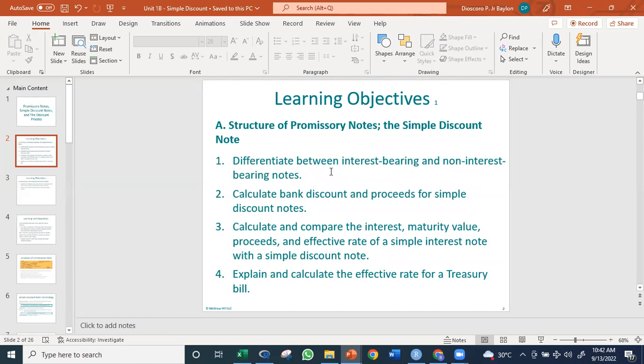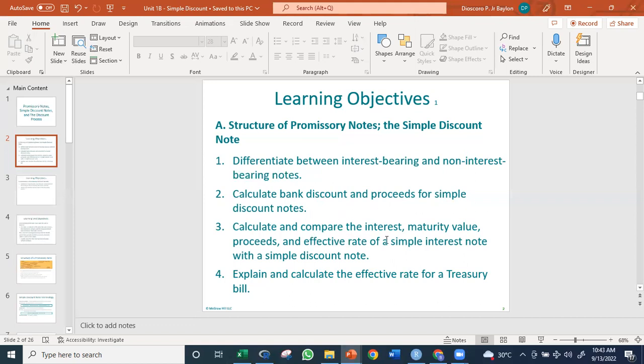So we're going to learn how to differentiate between interest-bearing and non-interest-bearing notes. A note, as the name suggests, is a writing, a sort of mini contract that you're promising to pay such and such. We're going to learn how to calculate bank discount and proceeds for simple discount notes.